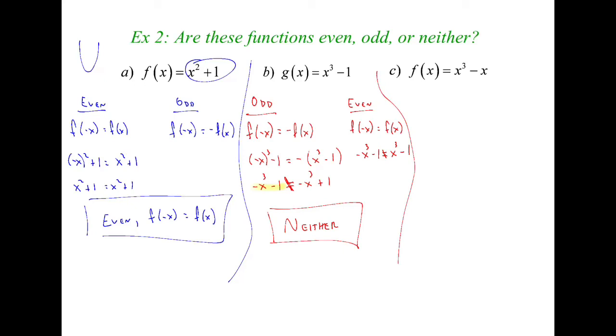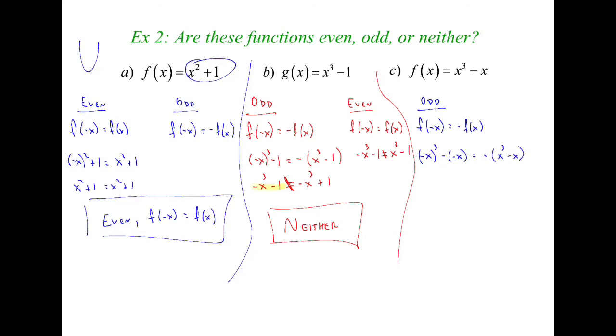And now the last example is another cubic. So once again, if I was picking, I would pick odd first, just based on knowing what the graph is going to look like. So I'll do once again f of negative x, if it's odd, should equal the opposite of f of x. So we'll plug in a negative x wherever there's an x, and then we'll do the opposite of the original.